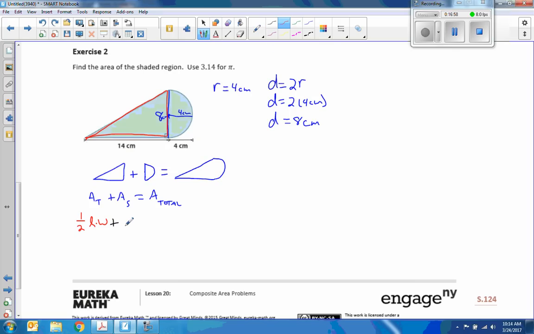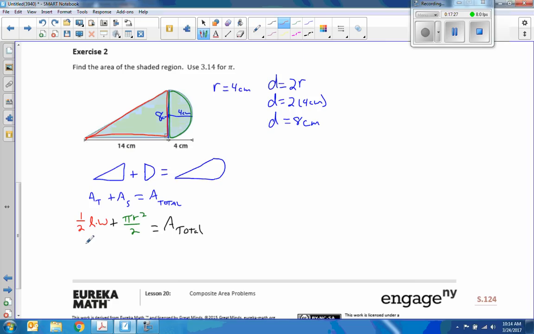Well, the area of a circle is pi r squared, and a semicircle is half a circle, so we divide it by 2, and that's going to equal the area total. I want to be really specific here, and I'll color code everything for you. That's the semicircle in green, so it'll be pi r squared divided by 2.